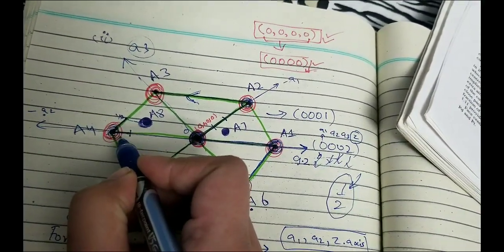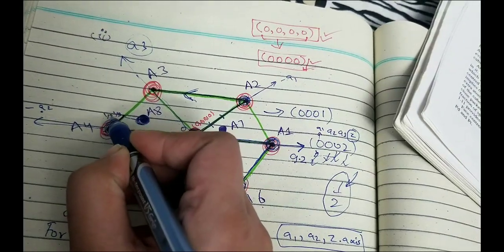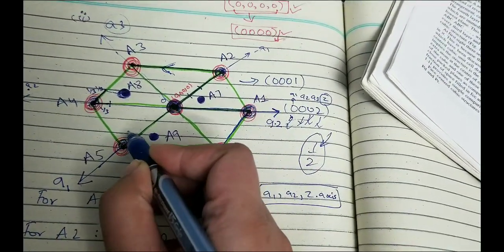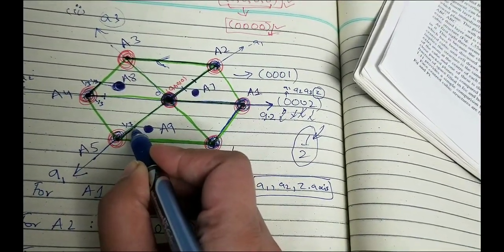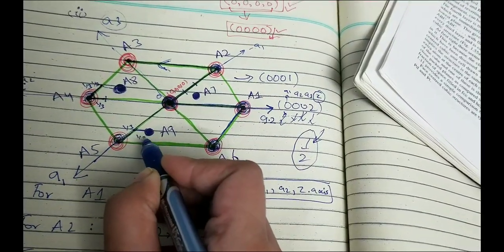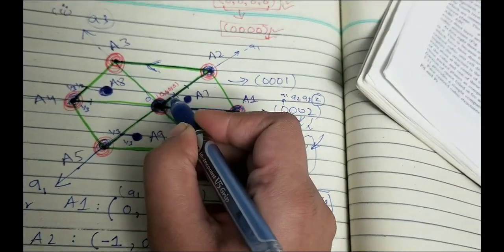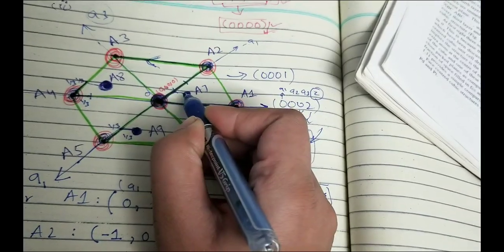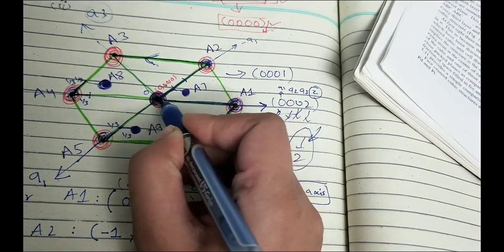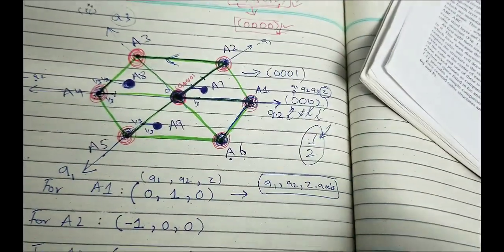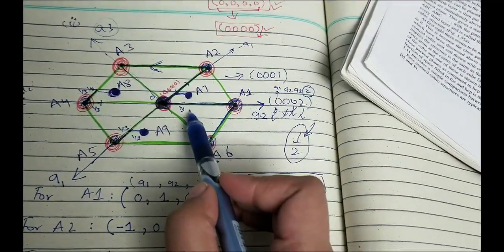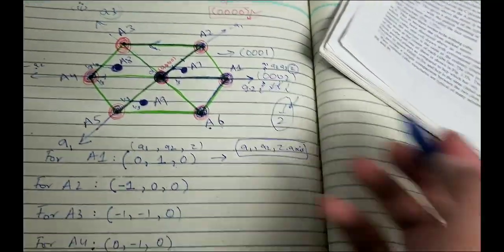It's 1/3 here also, 1/3 here also, and 1/3 along this also, so that the other lengths are 2/3. You can confirm it.